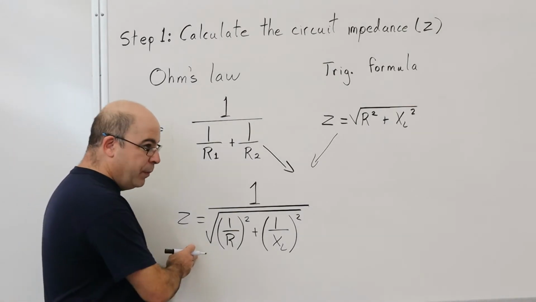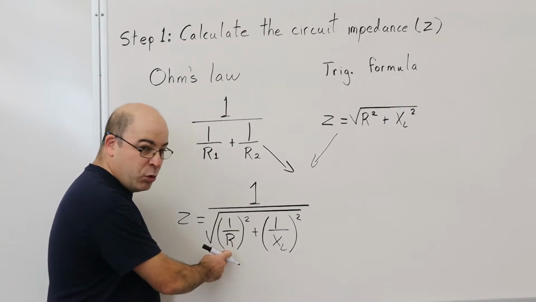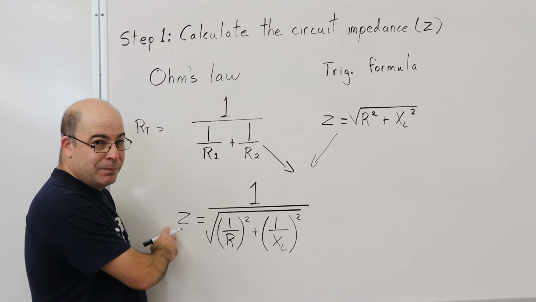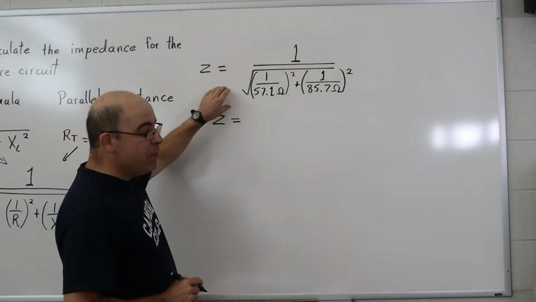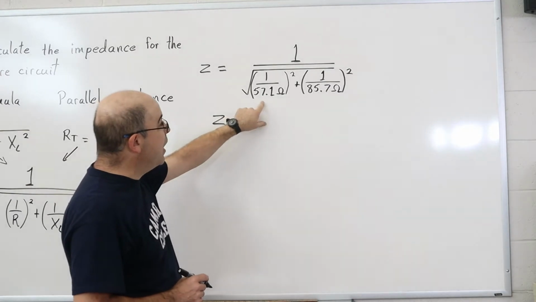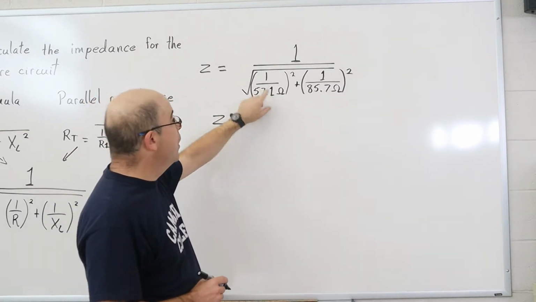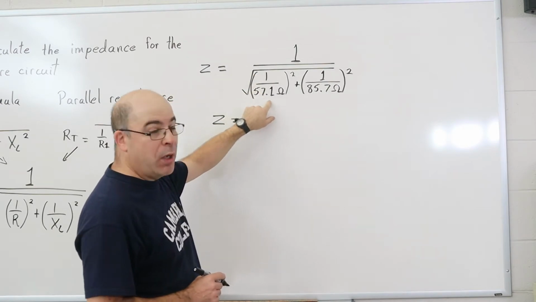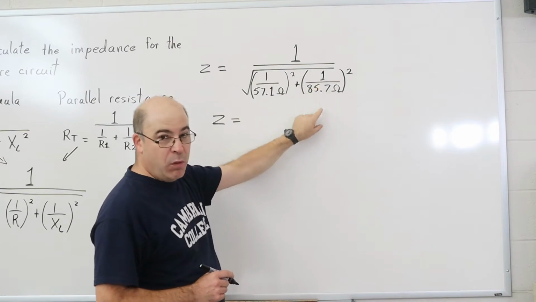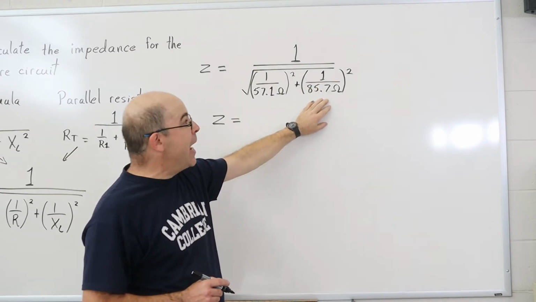Now that we have our formula, I'm going to move down the board and put in our actual circuit values, and we're going to solve for the value of circuit impedance. I've written down the formula, but I've now used the actual values from our circuit: 1 over 57.1 ohms of resistance squared plus 1 over 85.7 ohms of inductive reactance squared.